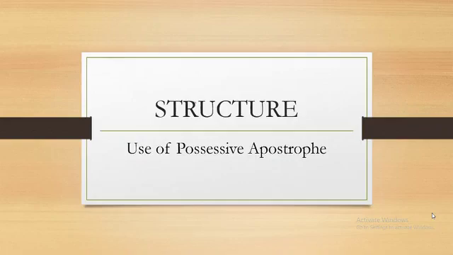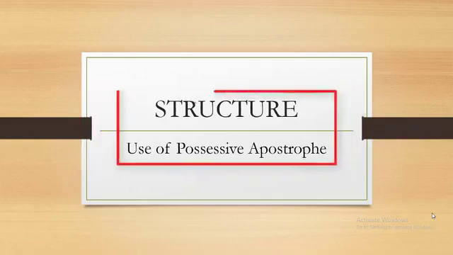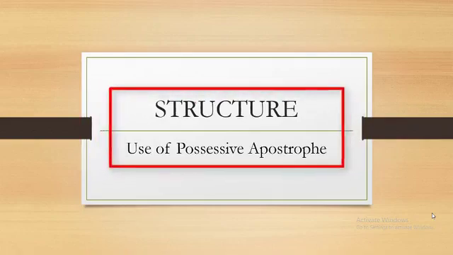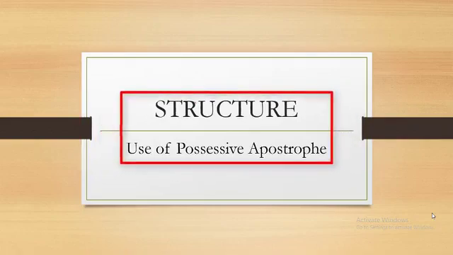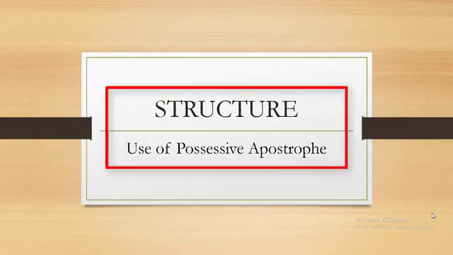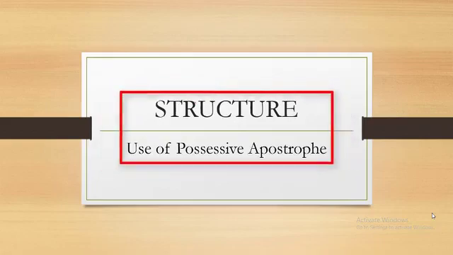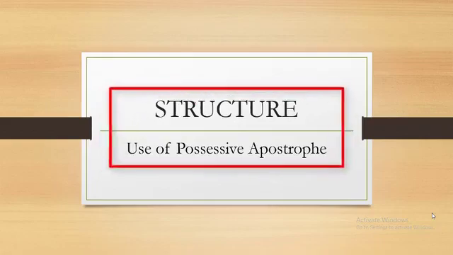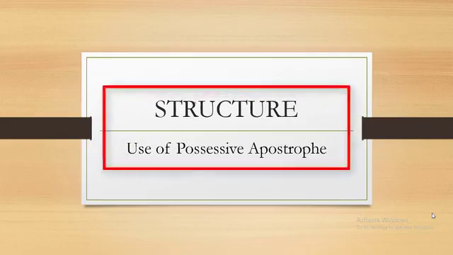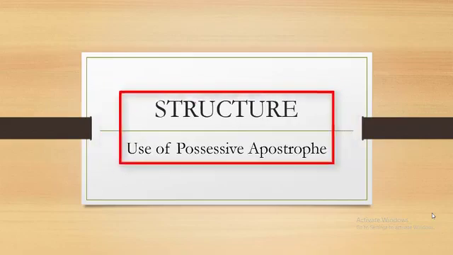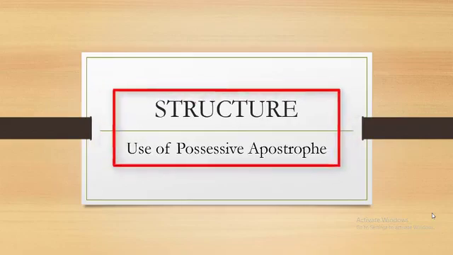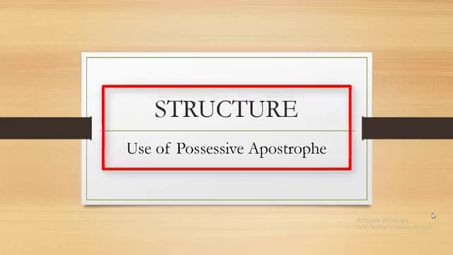Welcome back. Like I said, we are reviewing a very important aspect of English language, and today our focus is the use of the possessive apostrophe. First, we must be reminded that the apostrophe is one of the punctuation marks in English language, alongside the full stop, the comma, the quotation marks, or what you call inverted comma, the brackets or parentheses, and the like.